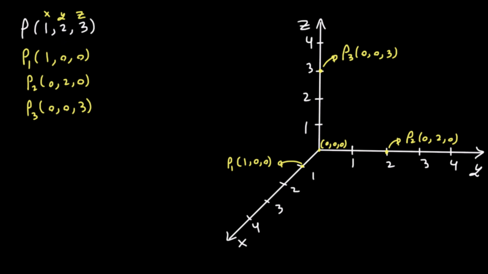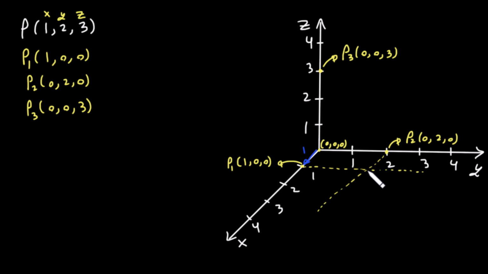Now, from this point, we have to go 2 units. We have already gone from here to there, which is 1 unit. Now we have to go 2 units parallel to the y-axis. To plot this point accurately, we draw a dashed line from this point parallel to the y-axis like this. And from this point P2, we draw a parallel line to the x-axis.